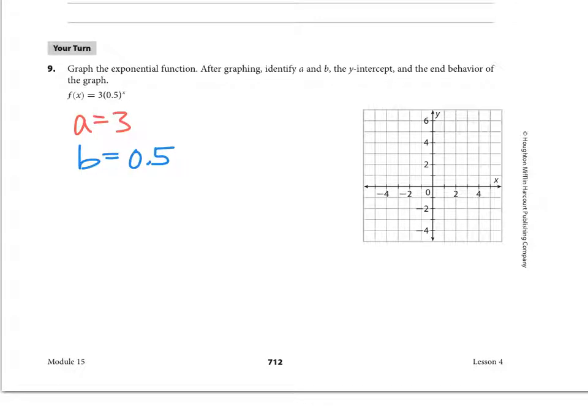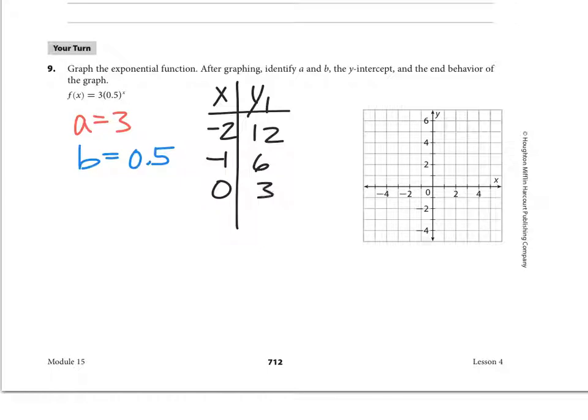So then we do our values again. Again, I'm picking the same values because it keeps asking for the y-intercept. So I get -2, 12, -1, 6, 0, 3, 1 and 3/2, and 2 and 3/4. So again, because this is a fraction less than 1, look at your values, they have to be going down.